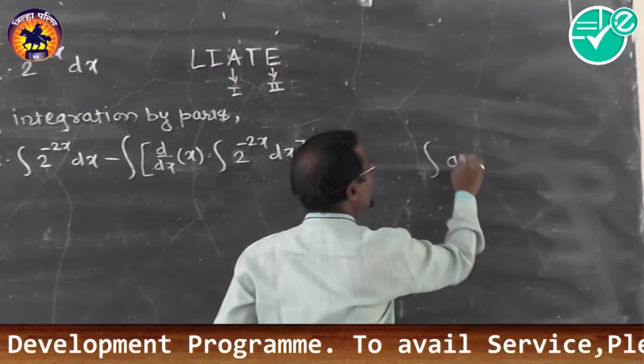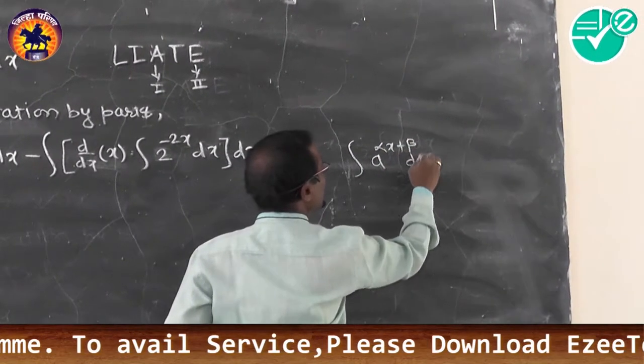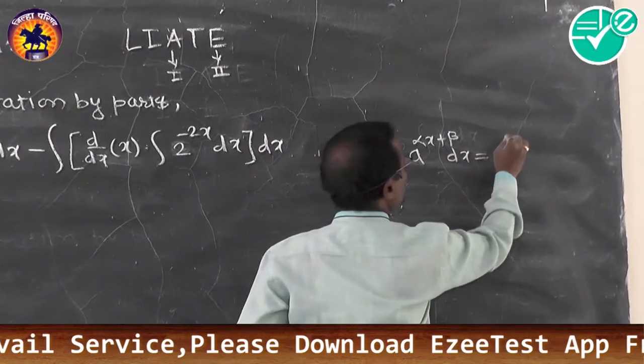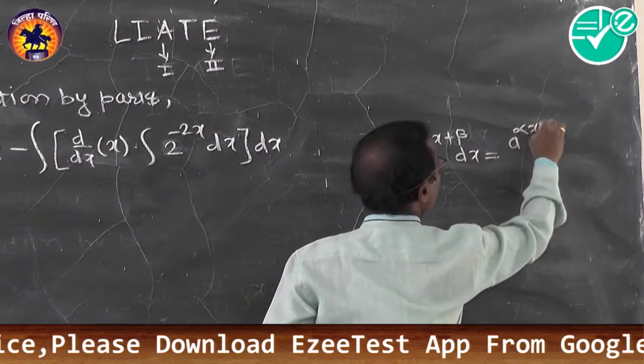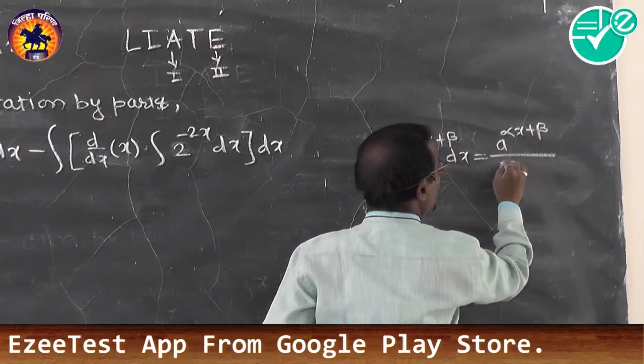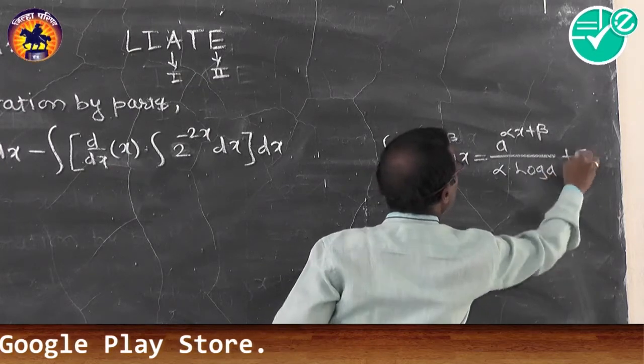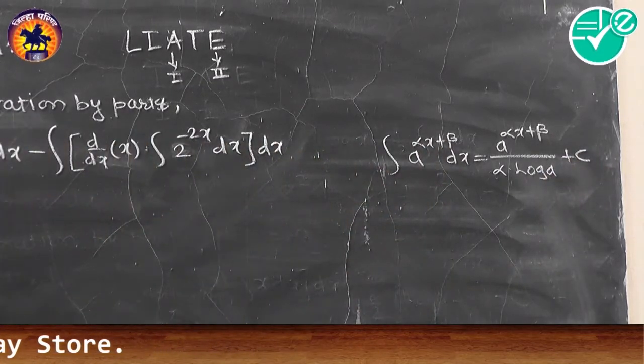And we know that the integral of a to the power alpha x plus beta dx is equal to a raised to alpha x plus beta upon alpha into log a plus c. So this is the integration of this function.